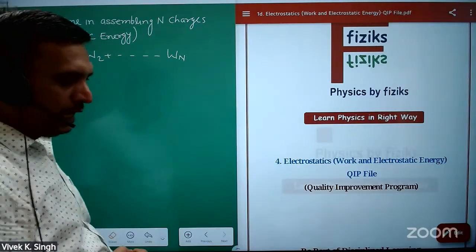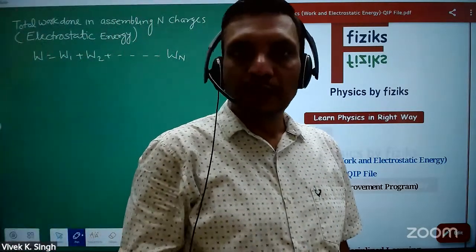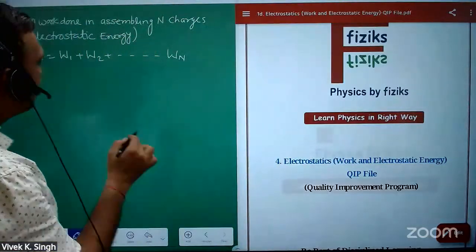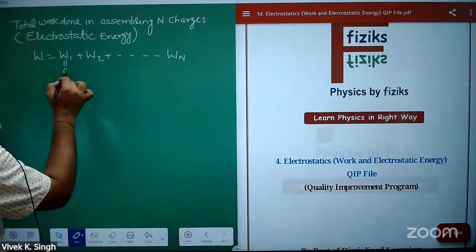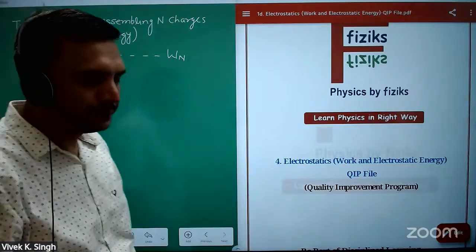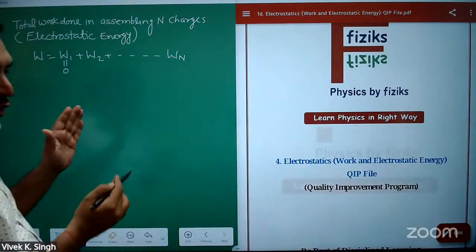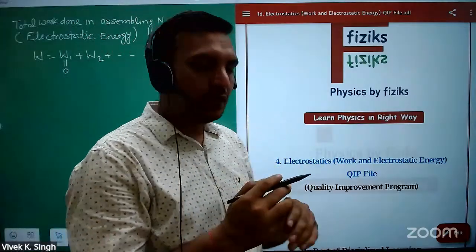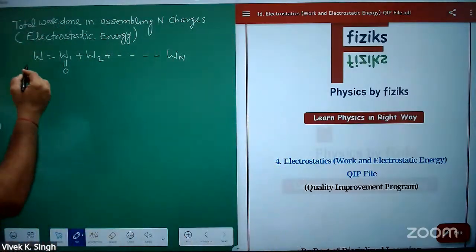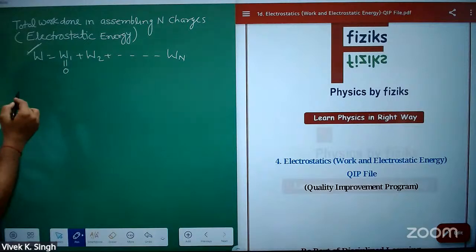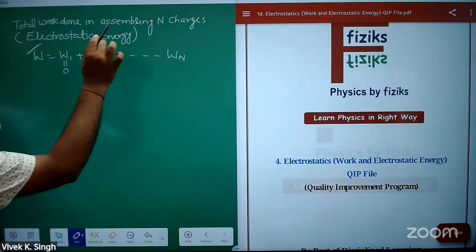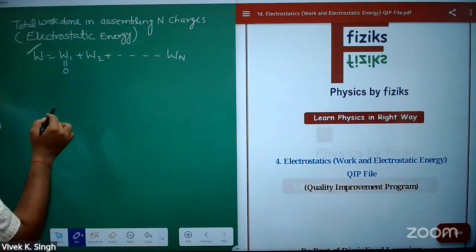Just find, if you place the first charge, then there is no other charge. So we will always take the work done in placing the first charge to be 0. So you have to just find the total work done in assembling all charges. That will give you the electrostatic energy of a set of n charges.